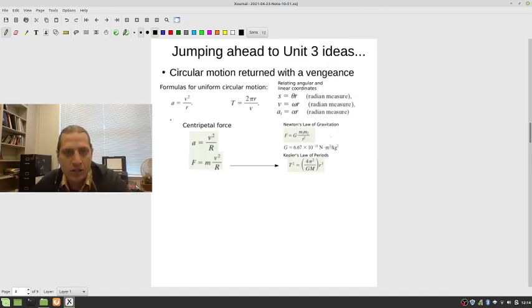Okay, so next, in Unit 2, we introduced the idea of centripetal force. All this was if you have a centripetal acceleration, if you use F equals ma, if the centripetal acceleration is the net force that's acting on it, then that net force equals the mass times the acceleration.